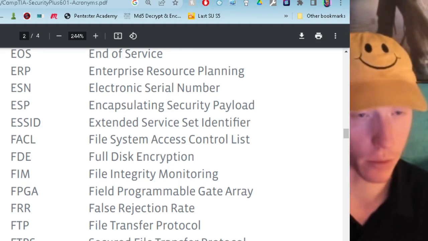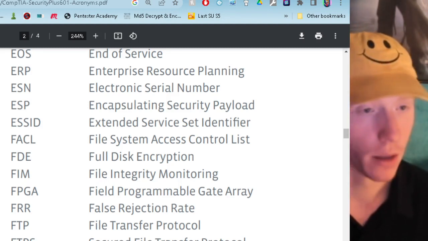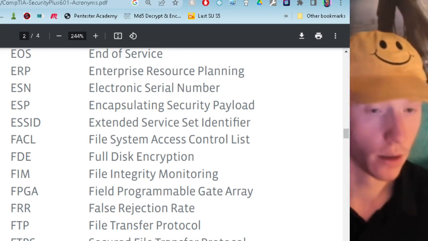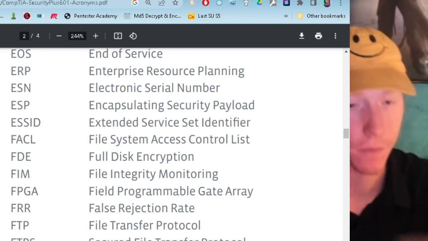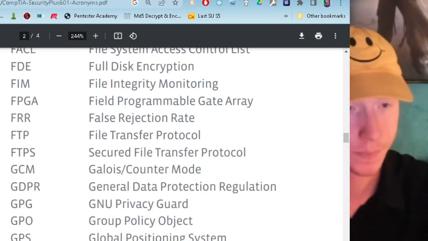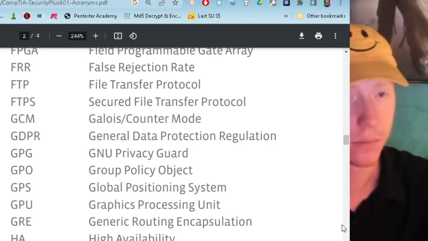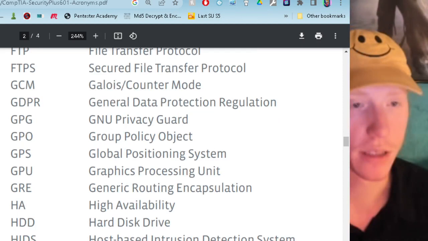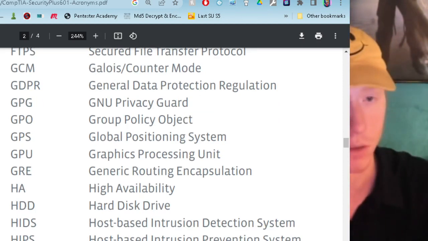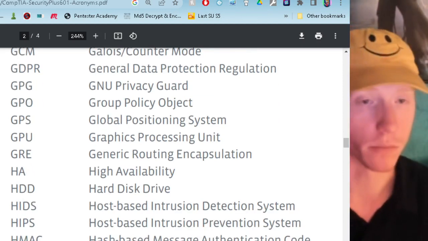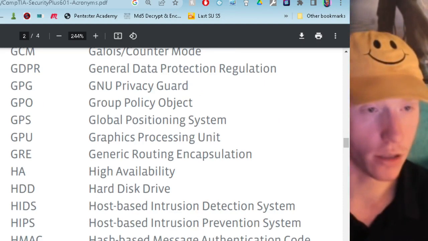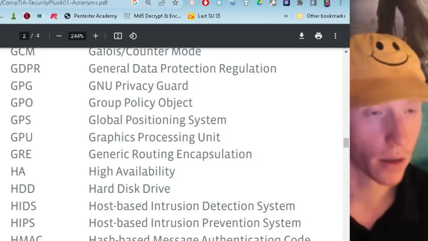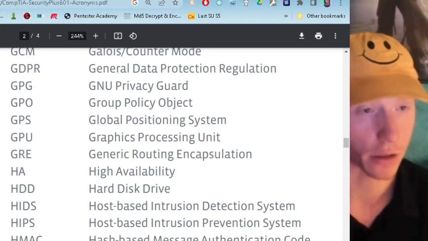FDE, Full Disk Encryption. FIM, File Integrity Monitoring. FPGA, Field Programmable Gate Array. FRR, False Rejection Rate. FTP, File Transfer Protocol. FTPS, File Transfer Protocol Secure. GCM, Galois Counter Mode. GDPR, General Data Protection Regulation. GPG, GNU Privacy Guard. GPO, Group Policy Object. GPS, Global Positioning System. GPU, Graphics Processing Unit.